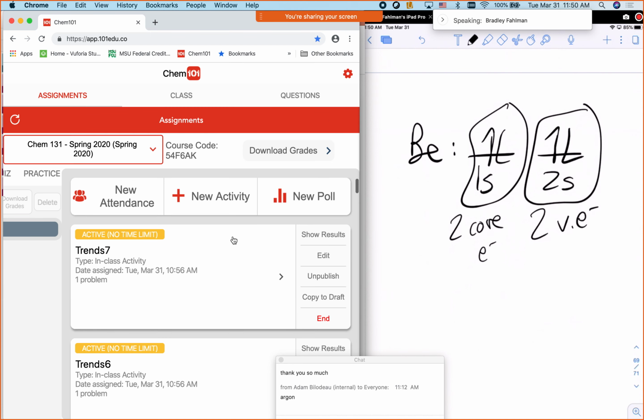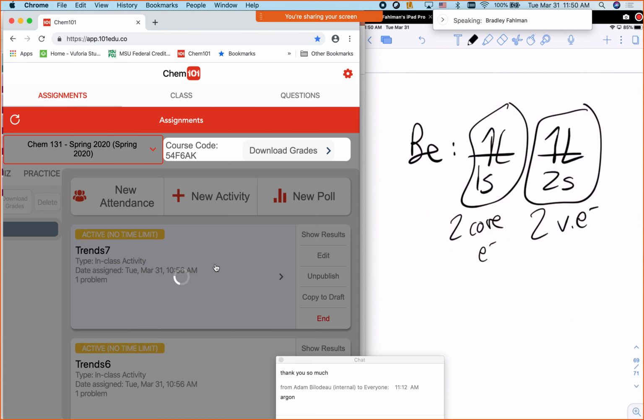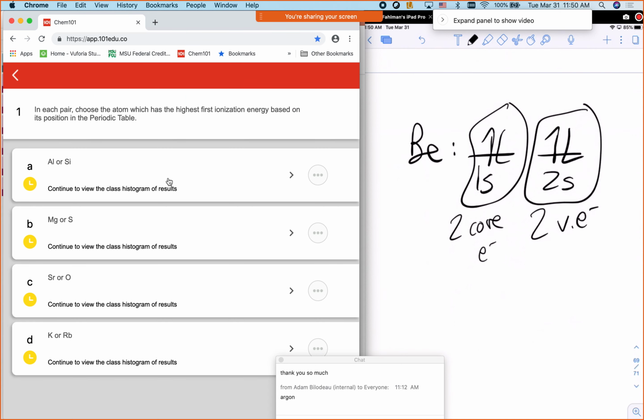All right, then trend 6. In each pair, choose the atom that has the highest first ionization energy. This means what is hardest to remove electrons. So aluminum or silicon.